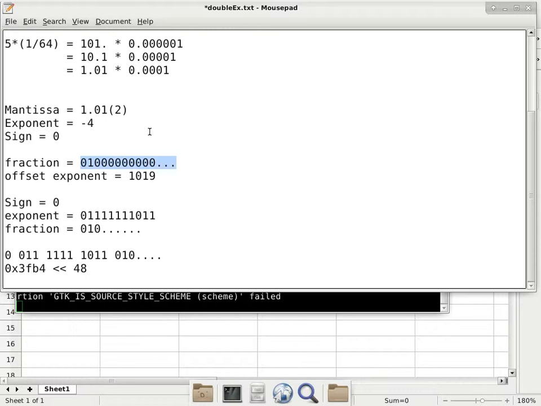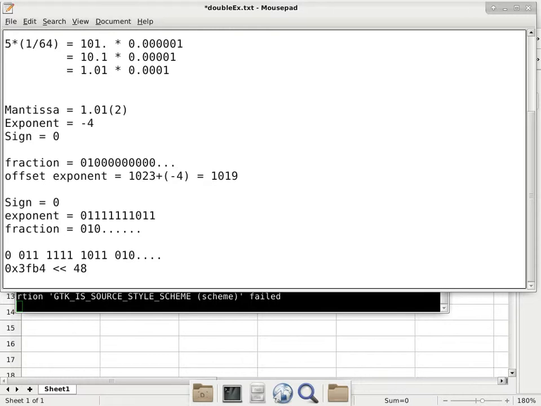52 bits wide, because the most significant bit is the sign bit, followed by 11 exponent bits. The offset exponent is 1019, because this number is 1023 plus the actual exponent that we want. The actual exponent in base 2 that we want is -4.